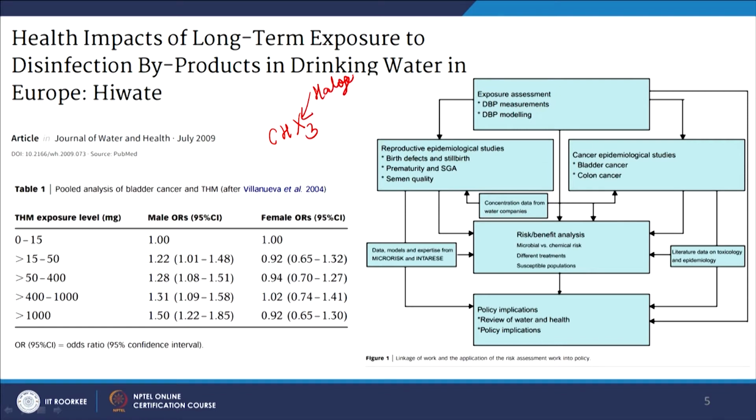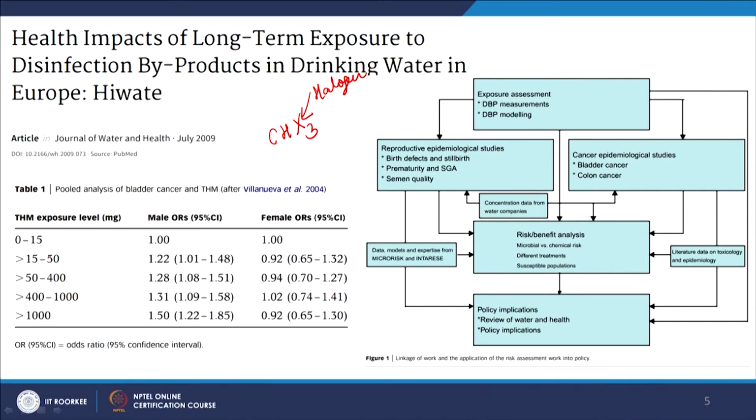Now if you remember your periodic table, the 7th column is your halogen column, which includes fluorine, chlorine, bromine, iodine, and chlorine and bromine are the typical halogens that we find in DBPs. So they looked at the trihalomethane exposure, what amount of trihalomethane disinfection byproduct was present in the drinking water.